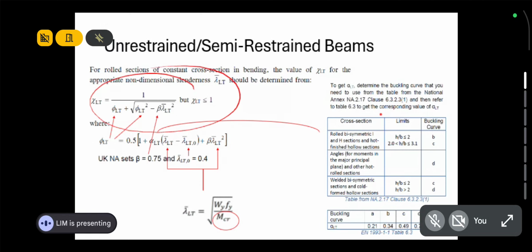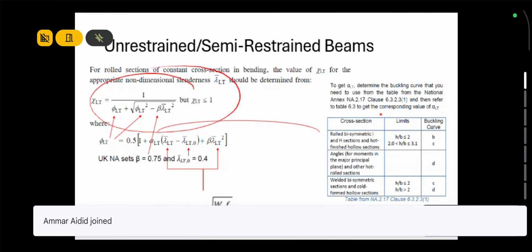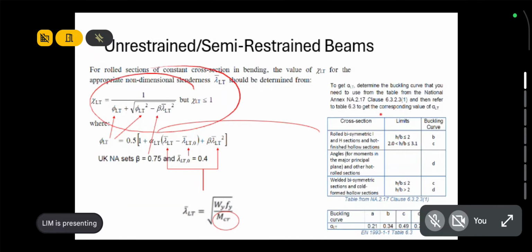The formula for XLT is 1 divided by theta LT plus the square root of theta LT squared minus alpha LT squared. But it cannot be more than 1. That's the formula. That's a crazy formula.